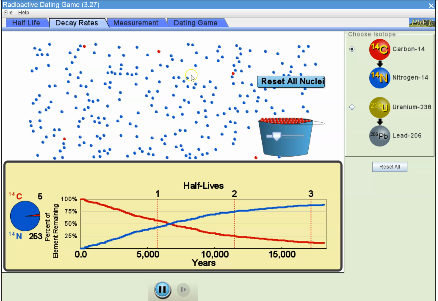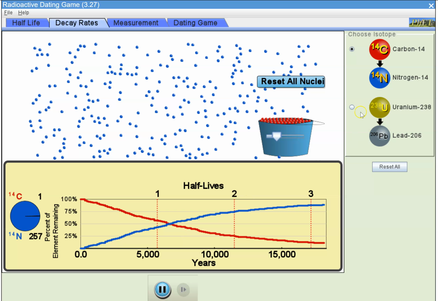So again, the things that I can watch are the screen, the actual nuclei. I can watch this pie graph, and I can look at this line graph here. And so again, you're welcome to go back and replay this section so that you can answer the questions.